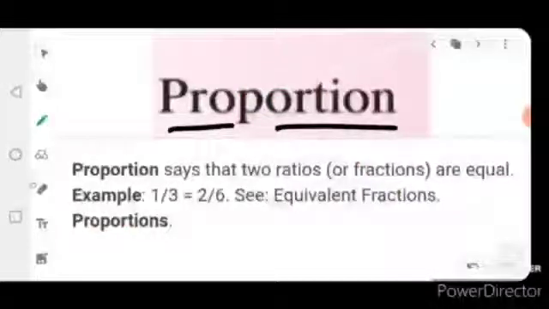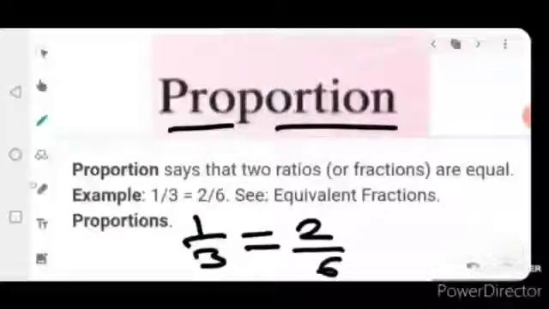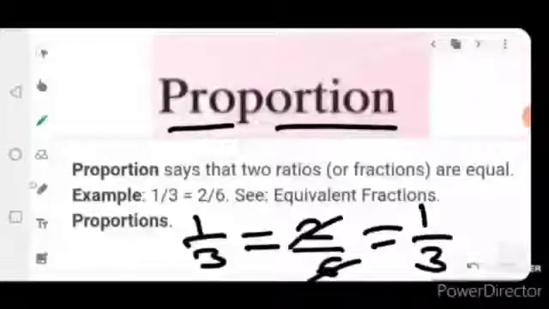Next one is proportion. Proportion says that two ratios are equal. For example, here 1/3 is equal to 2/6. When we divide the second fraction by 2, we get 1/3: 2 ones are 2, 2 threes are 6.